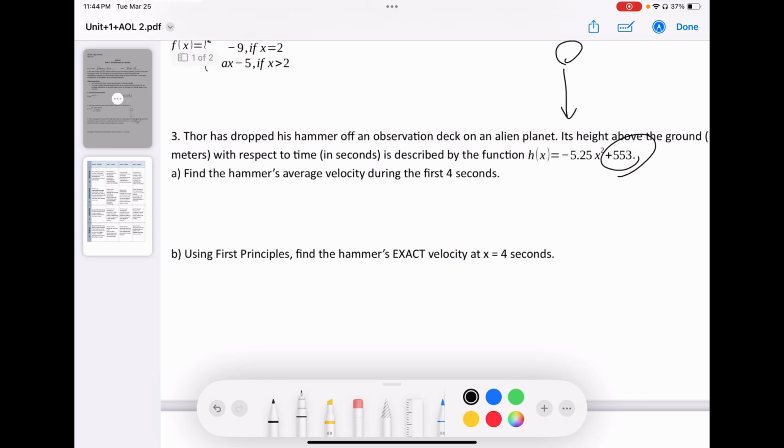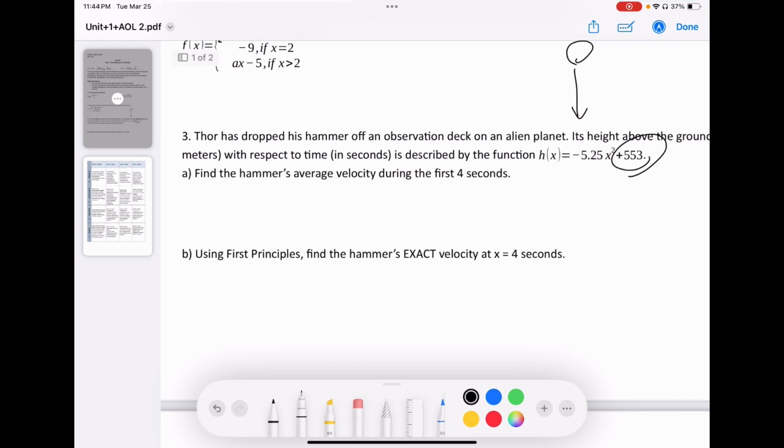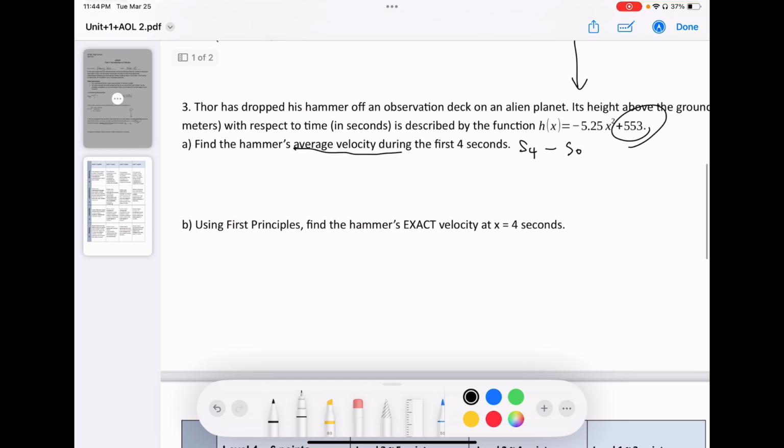So now we're going to finish part A. How do we do that? We have to find the average velocity during the first 4 seconds. So it's basically find the height at second 4 and then minus the height at the beginning, when second equals 0, over the duration, which is 4.